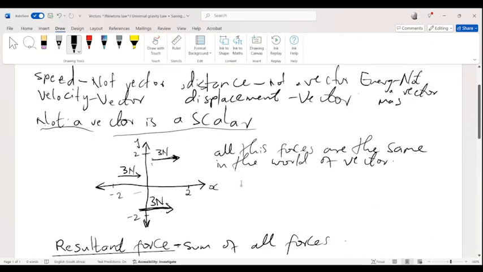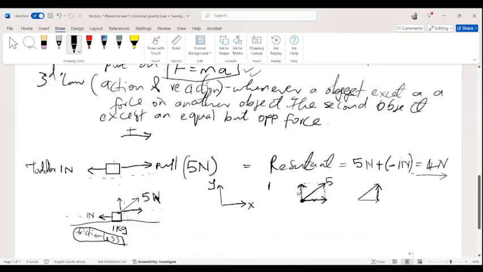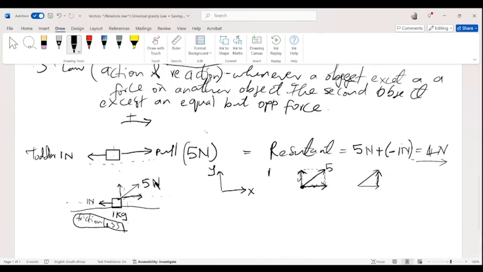The first example, I indicated that all these forces are the same as long as they have the same magnitude and they are pointing in the same direction, they are the same. So what I just did here was just to move this force and take it to here.